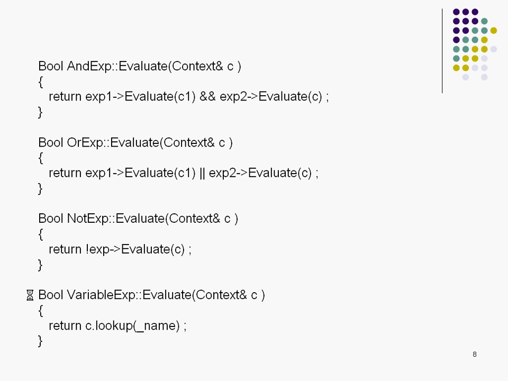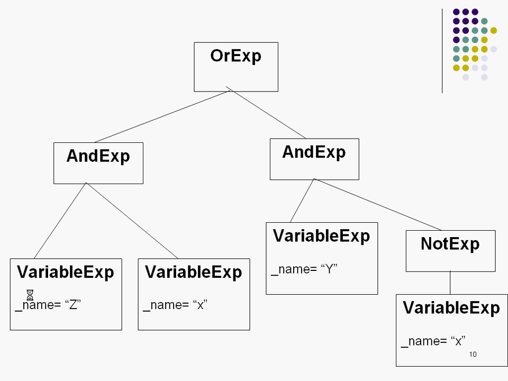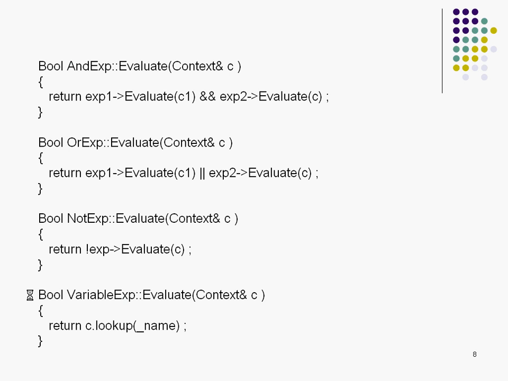So all we did in this case was we ended up calling the evaluate of AND exp, and this AND exp, and this AND exp. And the evaluate of AND exp would do the same thing. It is going to call evaluate of the two sub-expressions and do the AND of the output of that evaluate. Correct? Which is this one.